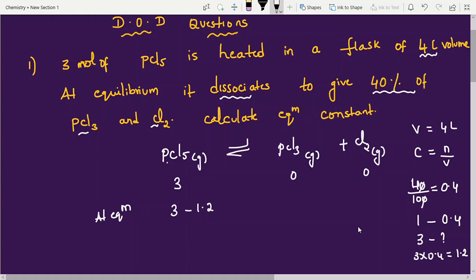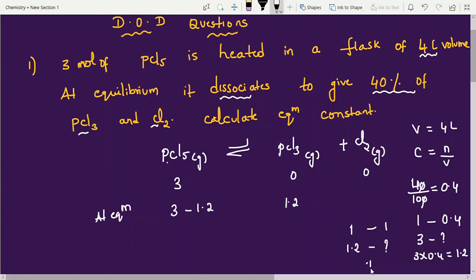Now take the stoichiometric relation. In the previous video also we discussed the stoichiometric relation. This is 1 mole, 1 mole, 1 mole, 1 mole. We are talking about how much appears. Here 1.2, this we have to take. 1.2, how much? 1.2, how much? That's it. So we will get 1 into 1.2 by 1, that is nothing but 1.2. Same like this, it is also 1:1 ratio, same thing.